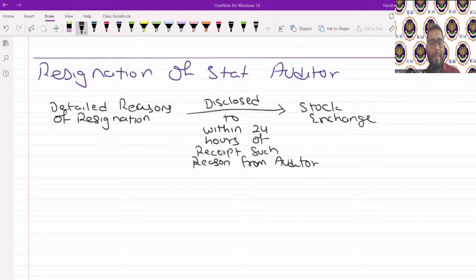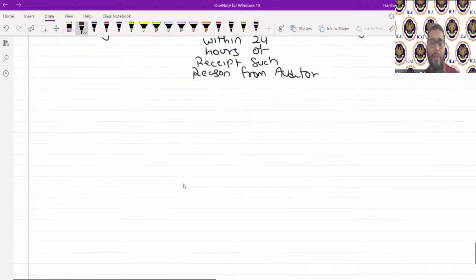Then there were conditions mentioned in the circular. I was talking about the circular.